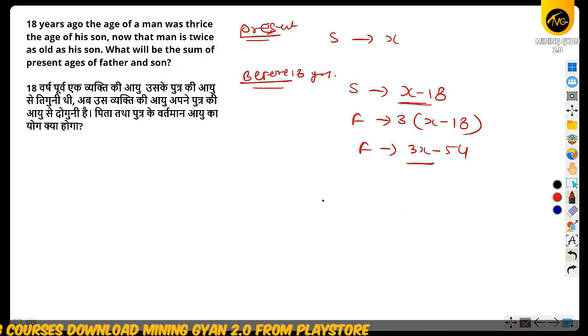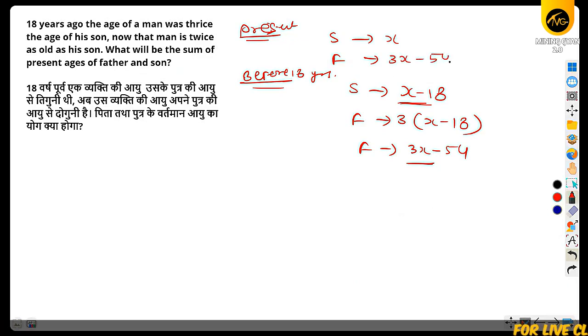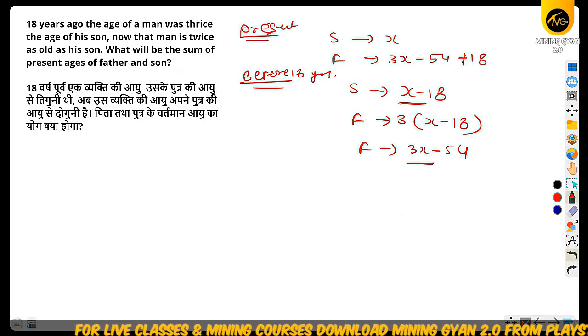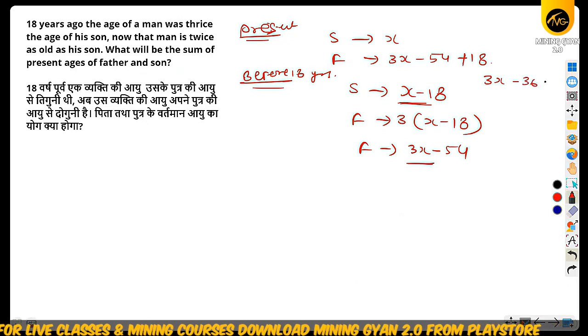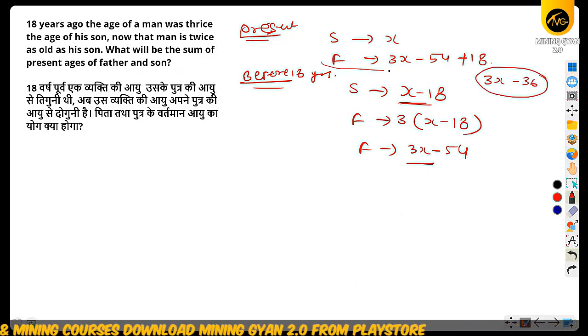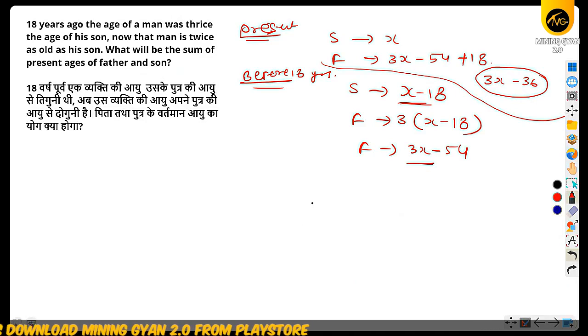In the present condition, the age of father will be 3x minus 54 and plus 18, because before it was minus 18. So the age of father will be 3x minus 36. This is the present age of father.